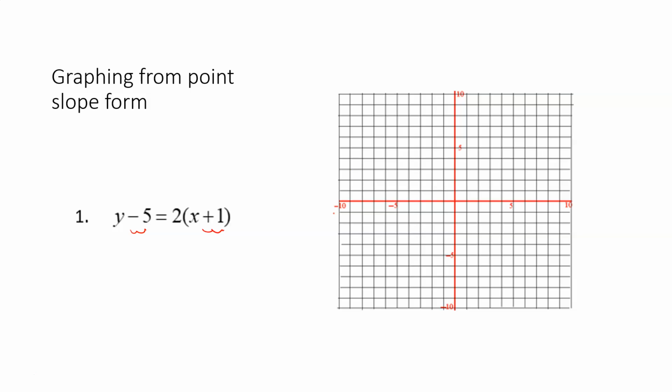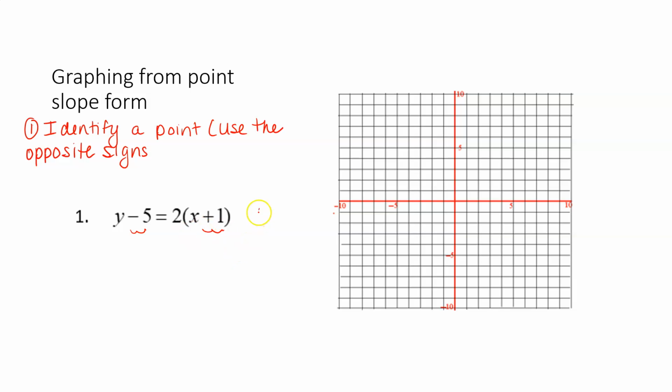So you're going to first identify a point and use the opposite signs. So my x is over here, so I will have -1, +5 as my point. Okay, so I'm going to plot that.